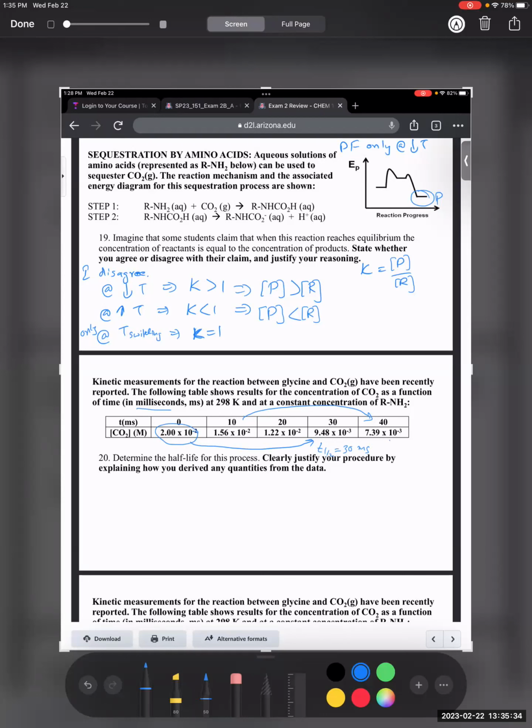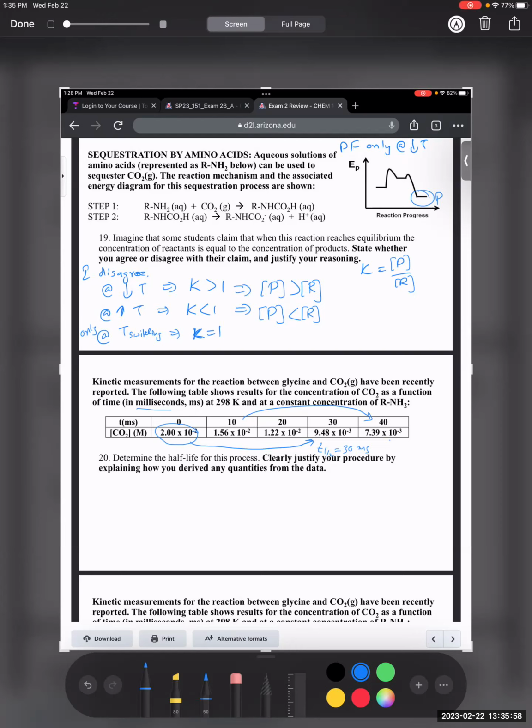So it's around 30 milliseconds, though I feel like it is a little bit less than 30 milliseconds. So it seems like it doesn't matter what the initial concentration is, the half-life is going to be around the same, and that is consistent with a first order reaction. But let's do this without speculating, because we have the data in front of us.